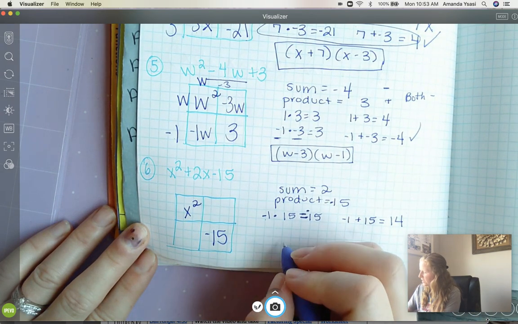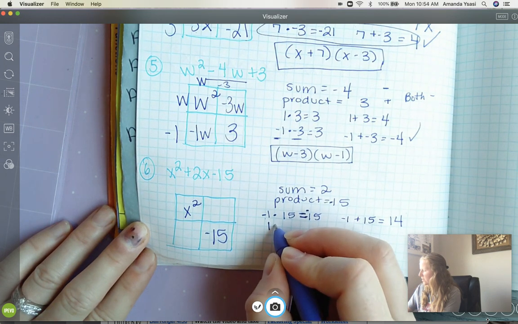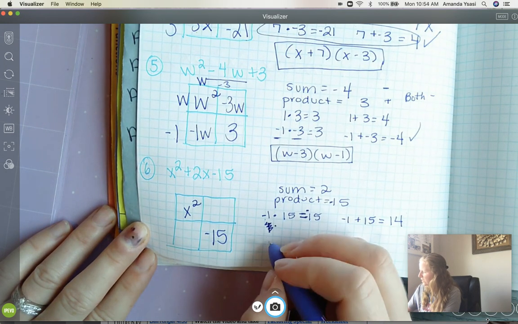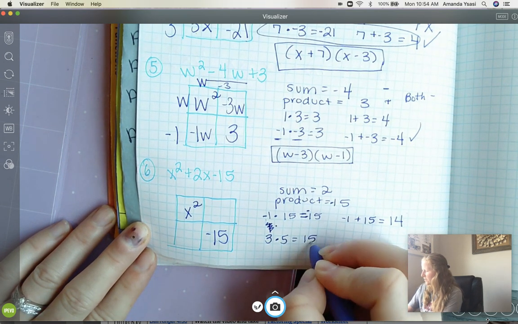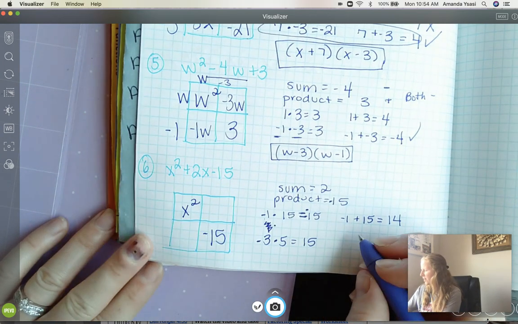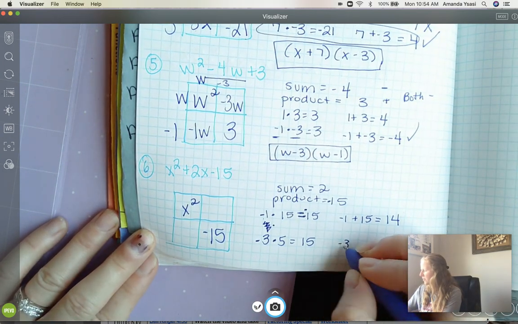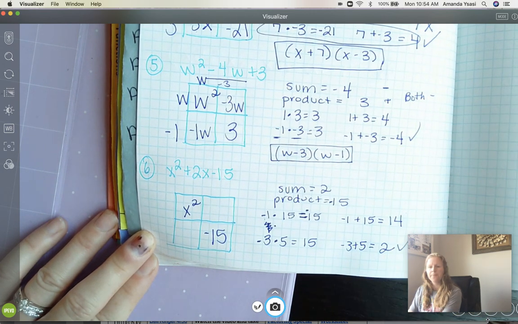No, I don't want to do 1 because that's 14. So let's do 3 times 5. It's 15. But we want a negative, so let's put a negative 3 times 5 is 15. Negative 3 plus 5, and that is a positive 2. So that's what we want.